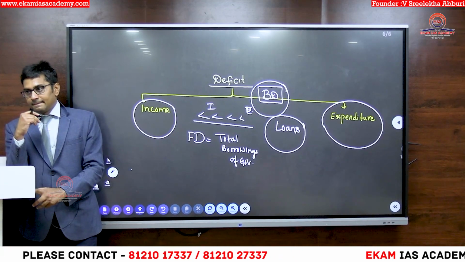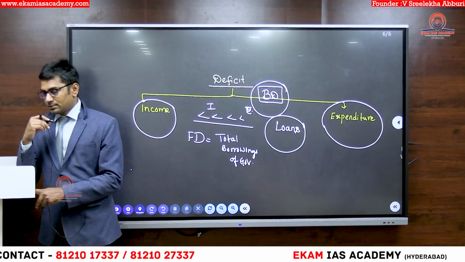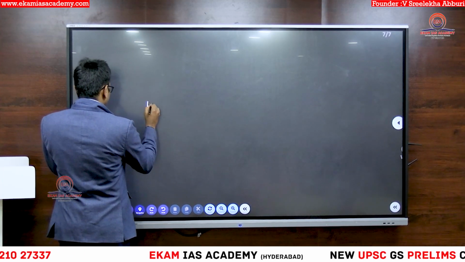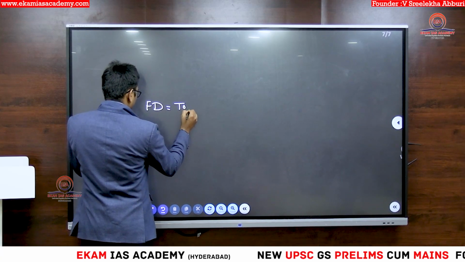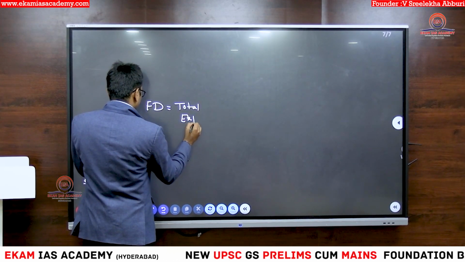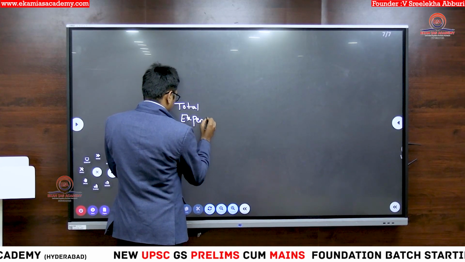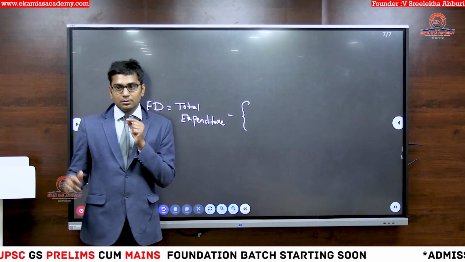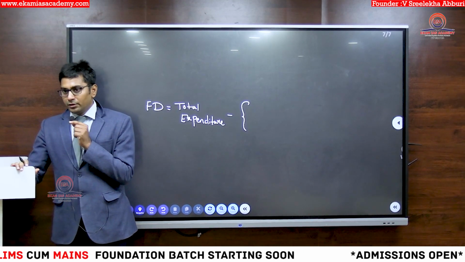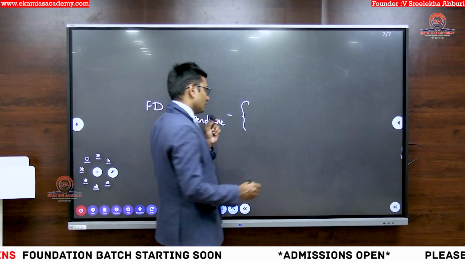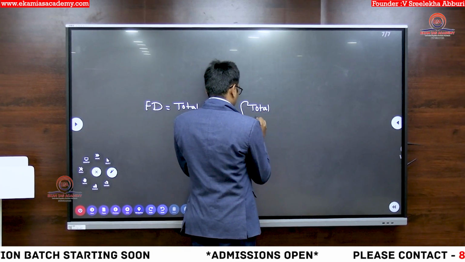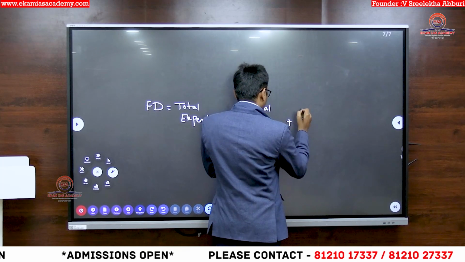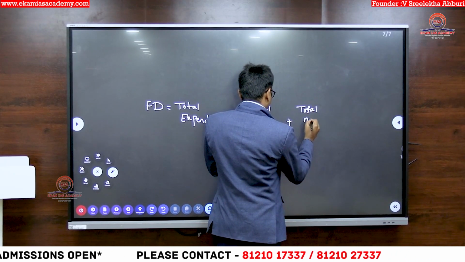Full stop. Next line. It can be expressed as fiscal deficit is equal to total expenditure minus total revenue receipts plus total non-debt creating capital assets.